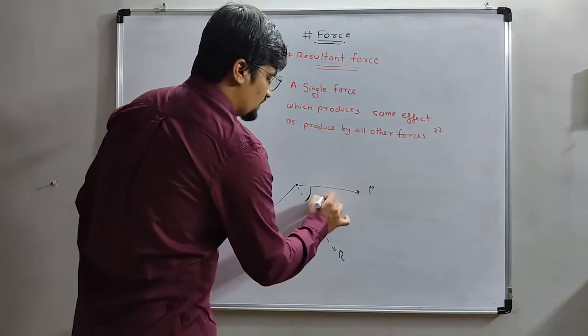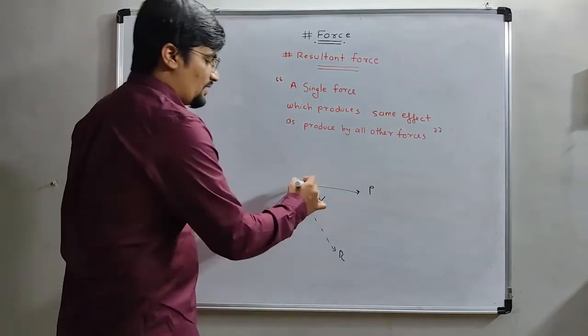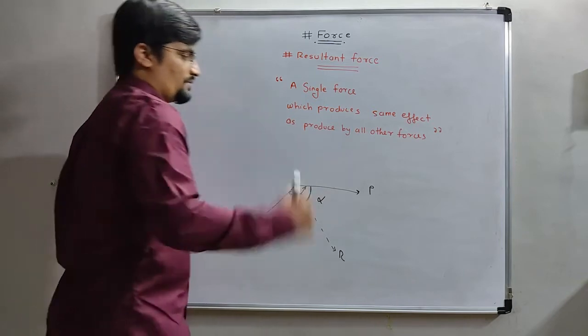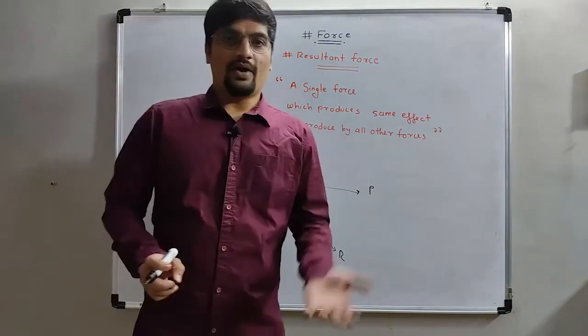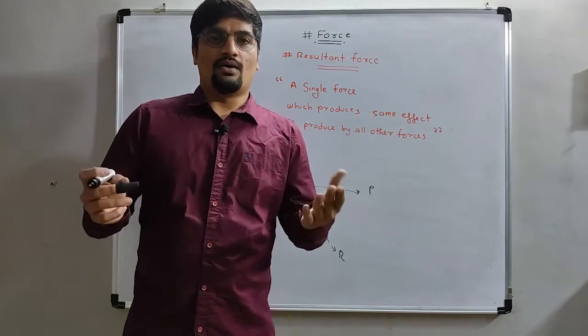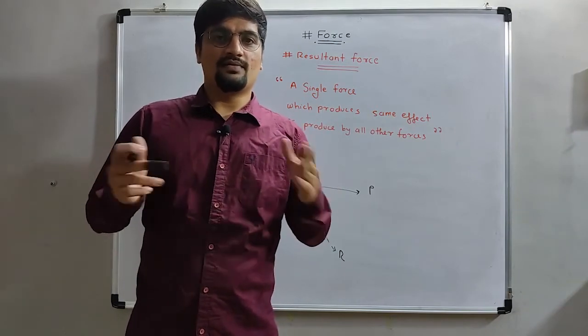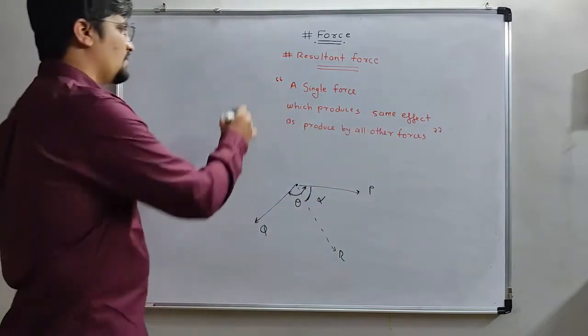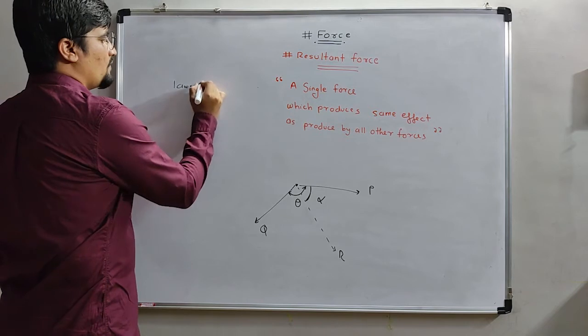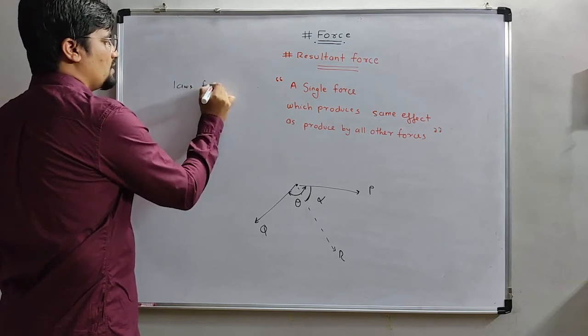It is considered as alpha, and the angle between these two is considered as theta. So we need to find the resultant force, and the laws for finding the resultant force are as given.